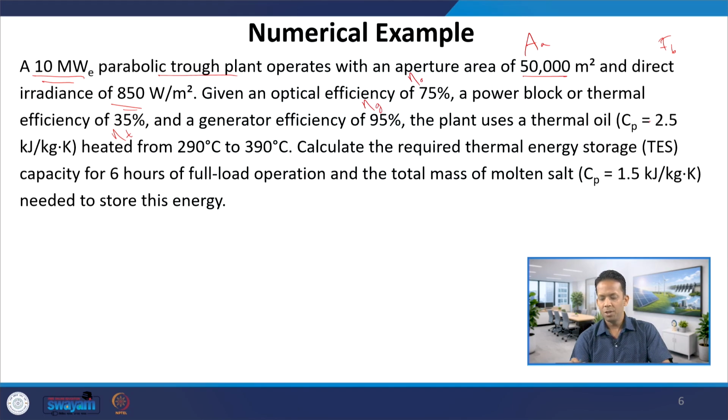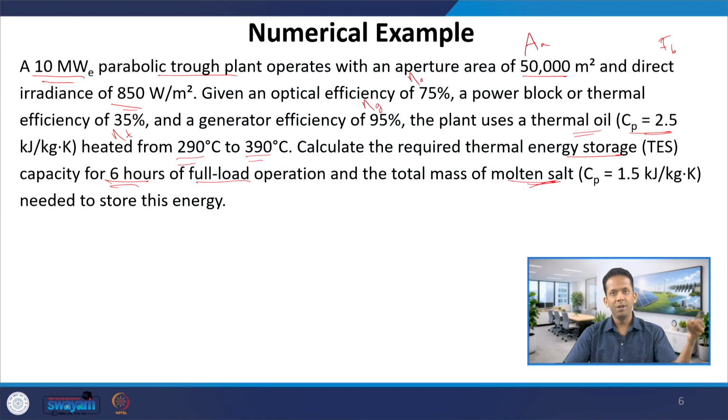The plant uses a thermal oil as a heat transfer fluid whose Cp is known to us, and it's heated from 290 to 390. Okay. So calculate the thermal energy storage capacity for 6 hours of full load operation, and the total mass of molten salt. So basically the heat transfer fluid here is molten salt for the TES, thermal energy storage system.